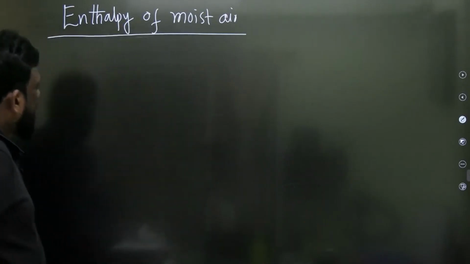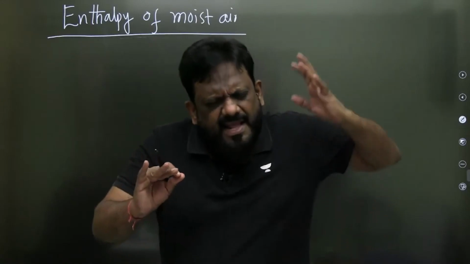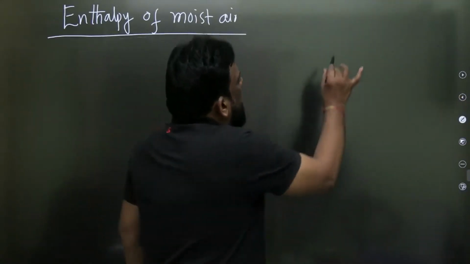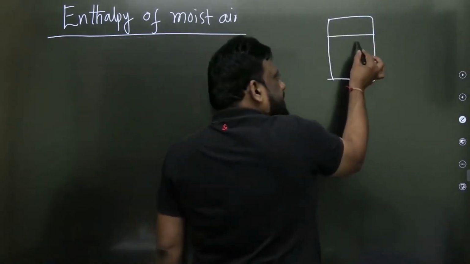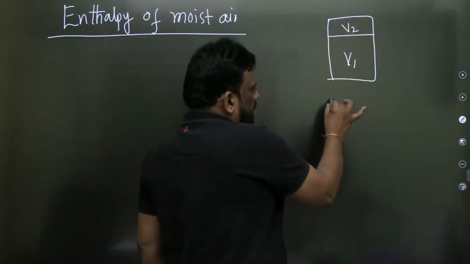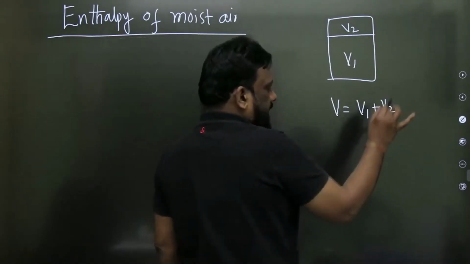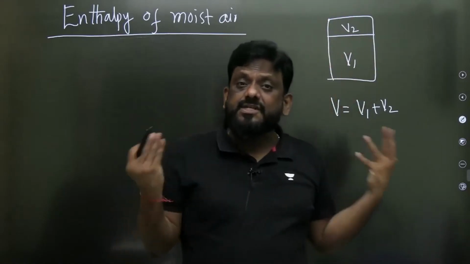Now, in thermodynamics, we have seen there are extensive properties and there are intensive properties. For example, let us take a system. Let this volume be V1 and this volume be V2. What is the total volume of the mixture? Volume is an extensive property.